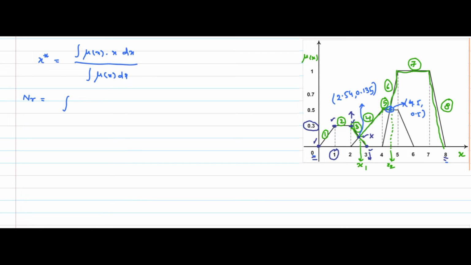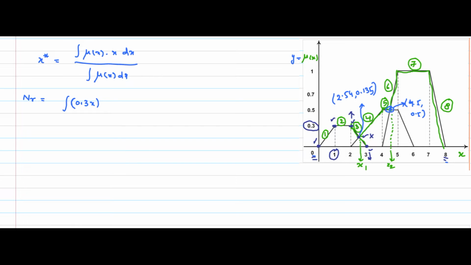So what is line equation 1? We have solved this. The line equation 1 is y equal to 0.3x. This is my mu of x. So mu of x is equal to y, and x is equal to x.